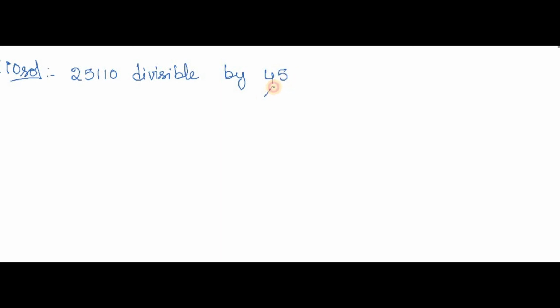So before going to this, we can easily do one thing, that is, what are the prime factors for 45? First of all, we'll write factors, and in that you will get automatically prime factors. These are the factors of 45 we have here. So we have the factors as 5 and 9. And 5 is a prime number and 9 is not a prime number, so we have only these two factors.